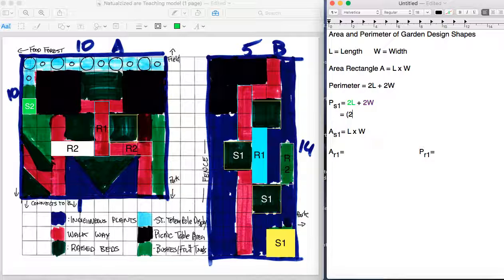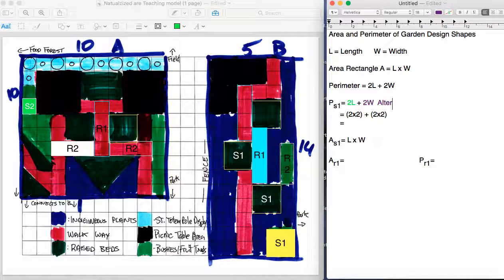So I have 2 times my length. Now, the length of square 1 is 2. 2 times 2. Now, I plus it with my next term, which is 2 times, well, that's 2 as well. What do you notice about that? With a square, because all the sides are the same length, you can actually just do 4 times.